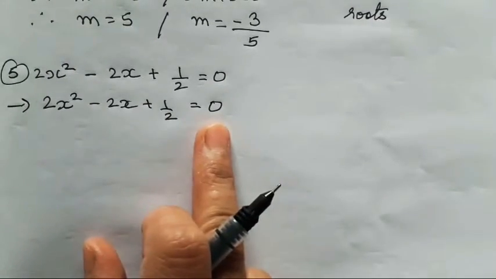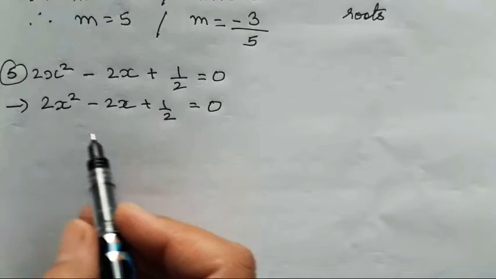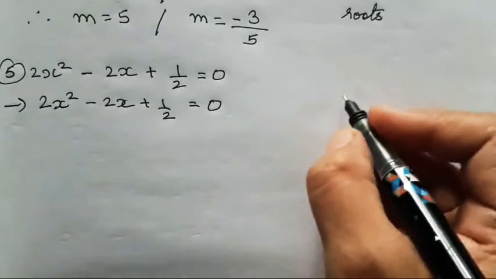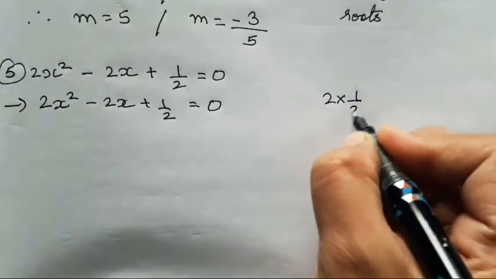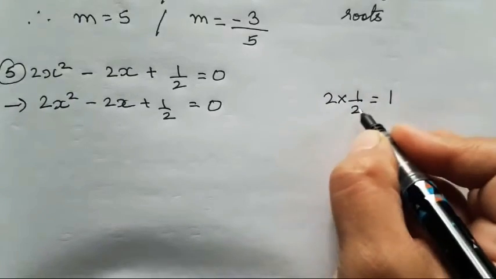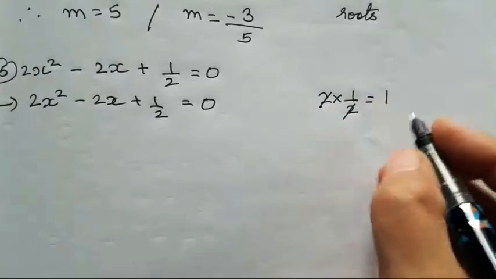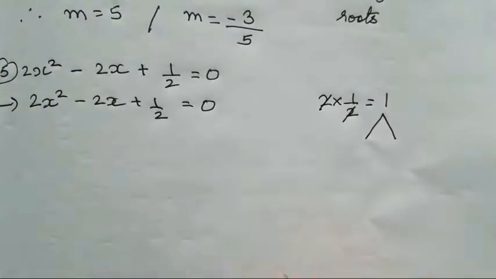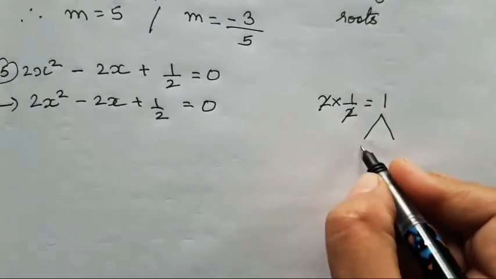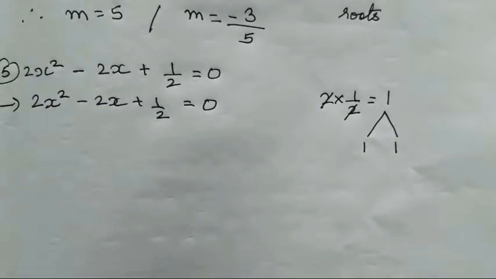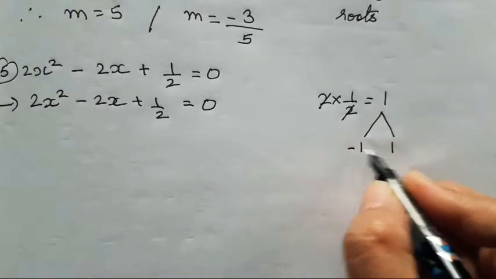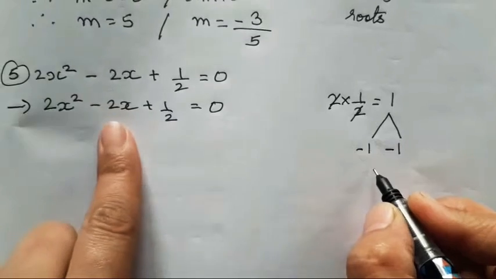Now over here what you have to do, again multiply the first and the third term. So 2 into 1 upon 2 is equal to 1. So what is going to be 1? We have to find the factors of 1. It is very easy. If we multiply 1 into 1, you are going to get 1, right? And when you add them, you are going to get 2.